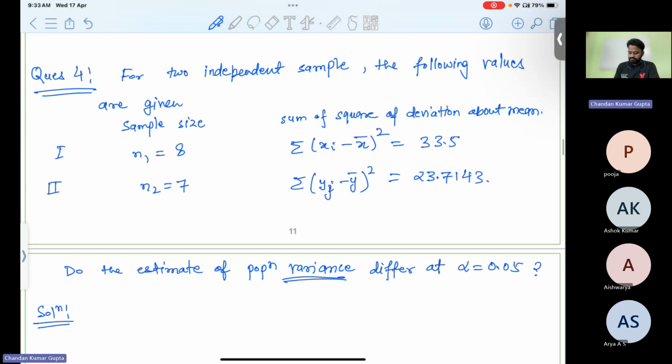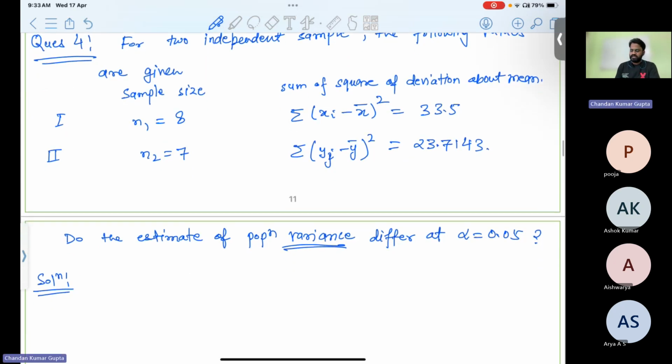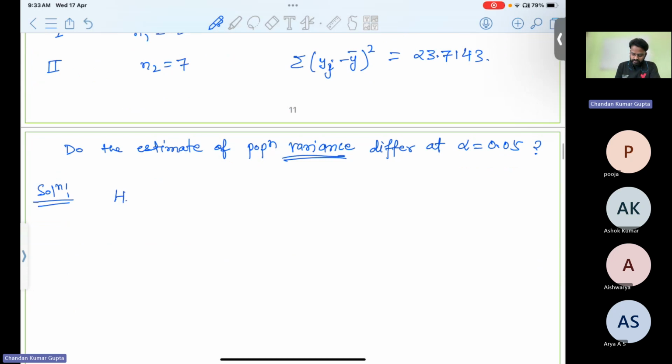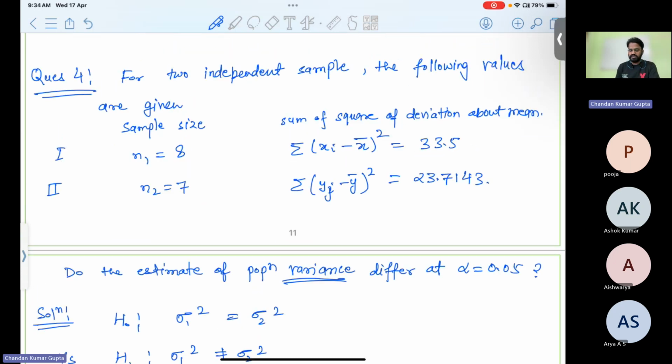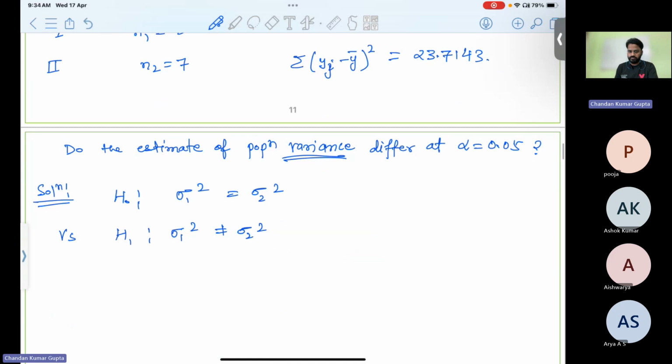Also, since there is no specification whether they are equal or not, the hypothesis is defined like this. In neutral nature we will define sigma 1 square equal to sigma 2 square against the alternative hypothesis, which is sigma 1 square not equal to sigma 2 square, because nothing is specified here whether it is greater than or less than, so it is not equal to.